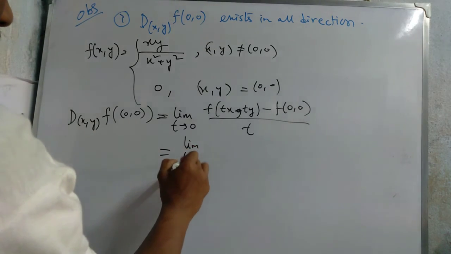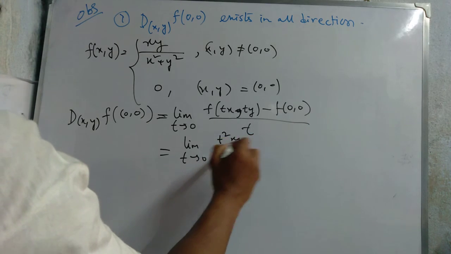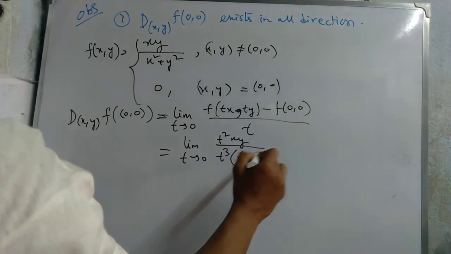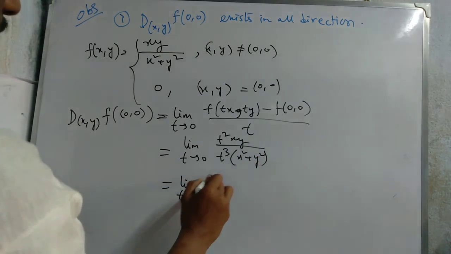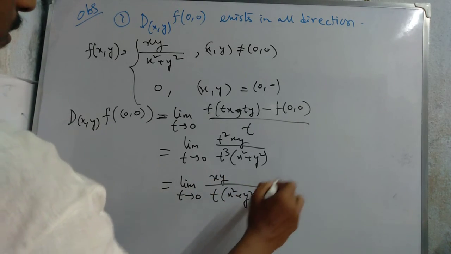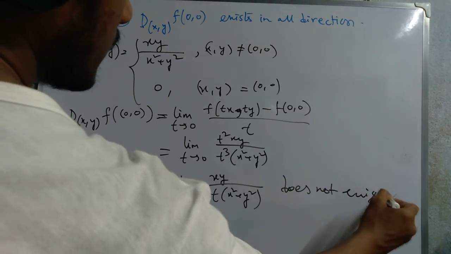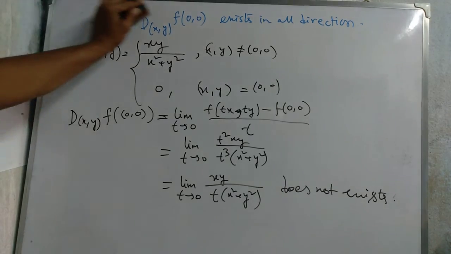We get the limit as t tends to 0 of t²xy by t³ times the square root of x² + y². This implies that the limit as t tends to 0 of xy by t(x² + y²) does not exist. So the directional derivative does not exist for this function.